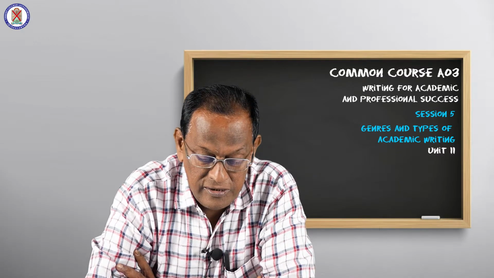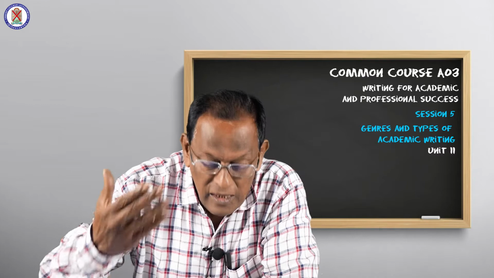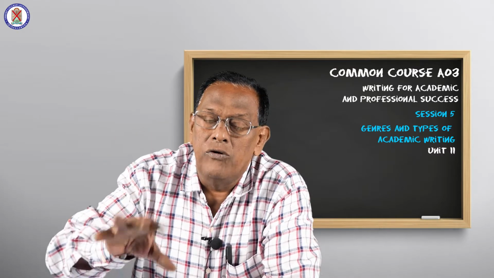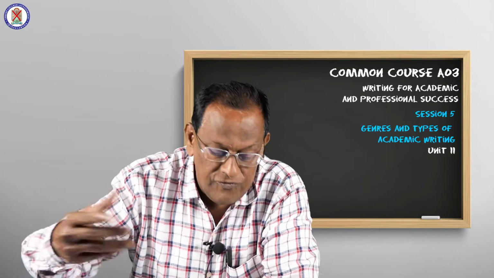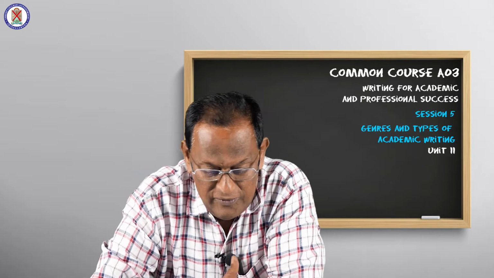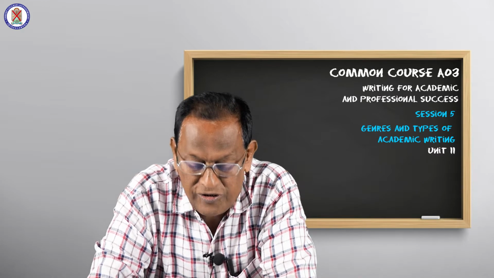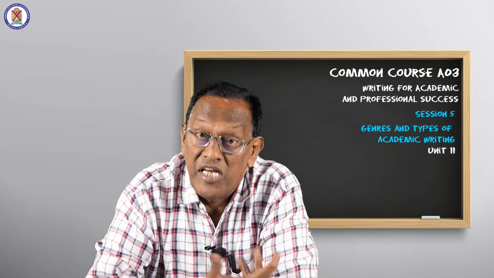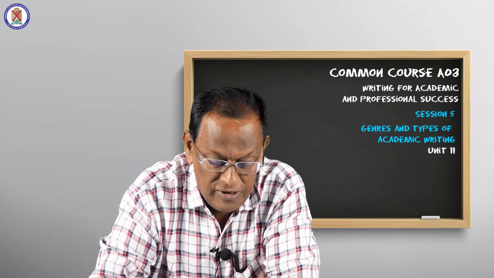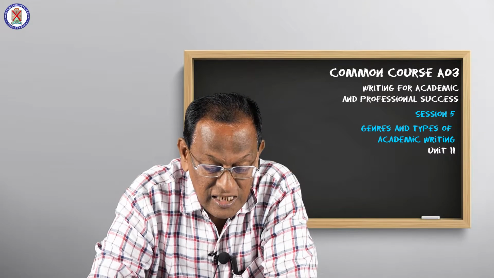What is the function? Recounting events. That is, some event has happened and you are making a reproduction of the event, which is called narration. Description: very easy, to describe or portray people, things, and places. That is simply what is known as description.